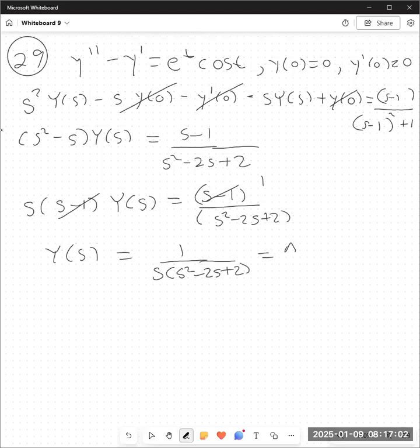And that's going to be A over s plus (Bs + C) over s² - 2s + 2.